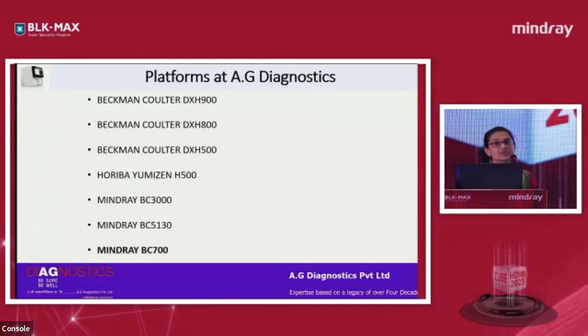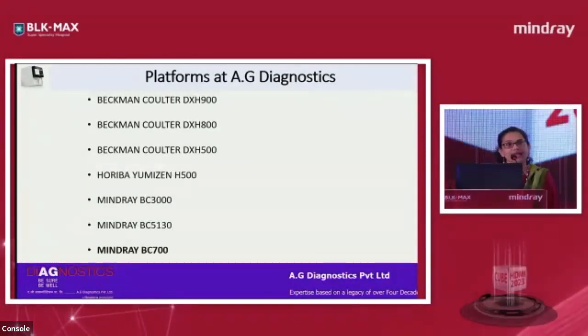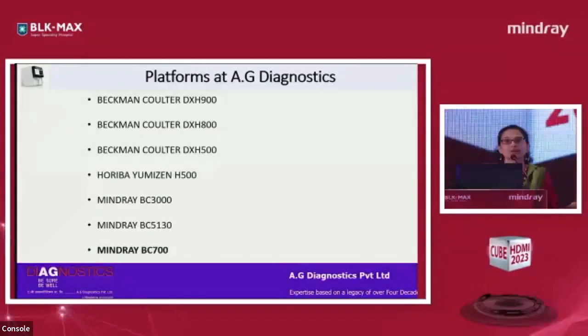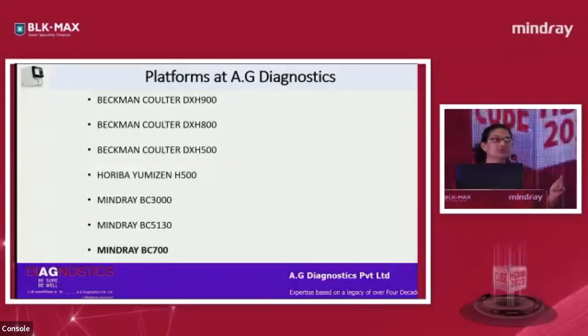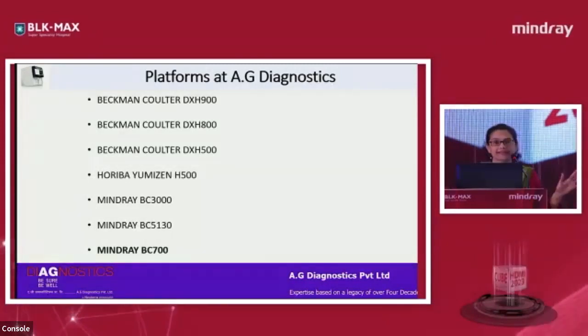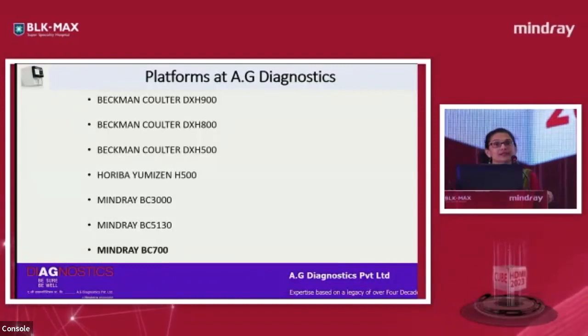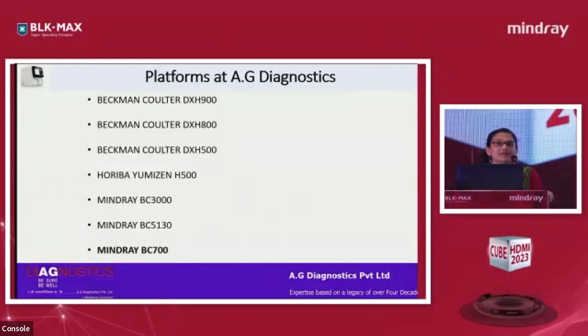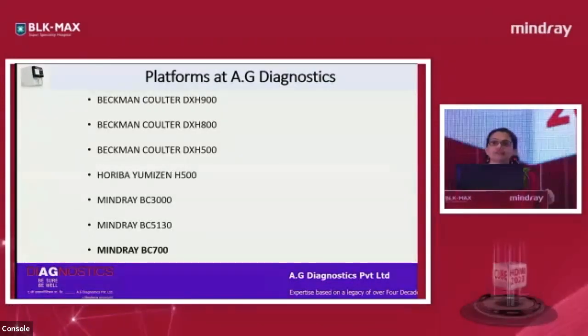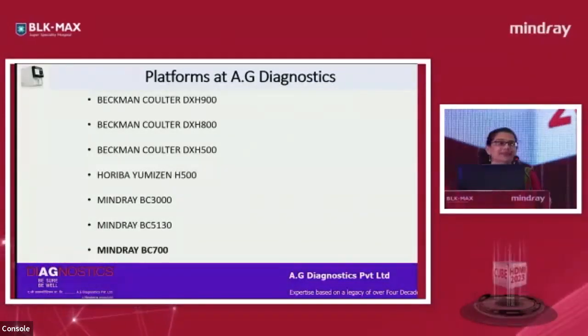These are the platforms we currently have at our centers. And if you have a look at them, you would realize that we have always worked with platelets by the impedance method, the platelet eye. And as many of you would agree with me, when you work with an analyzer for a long time, you tend to develop an attachment and comfort level with it.